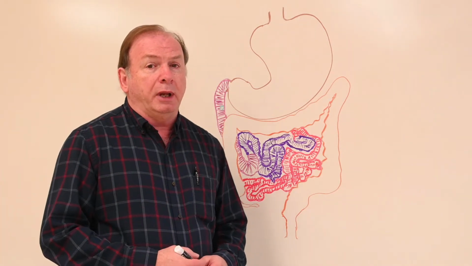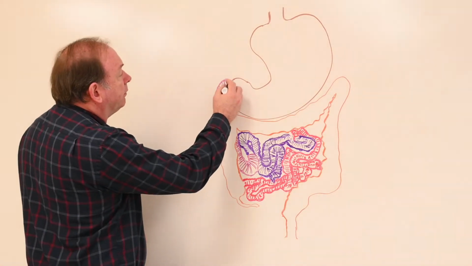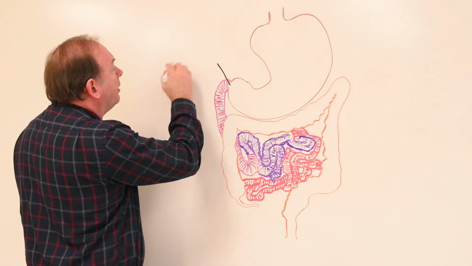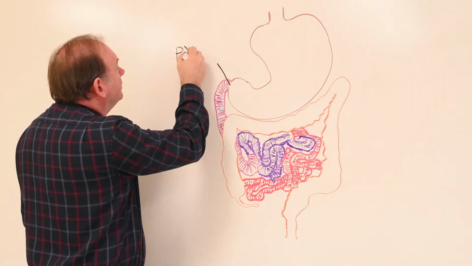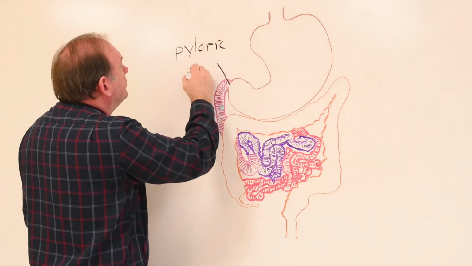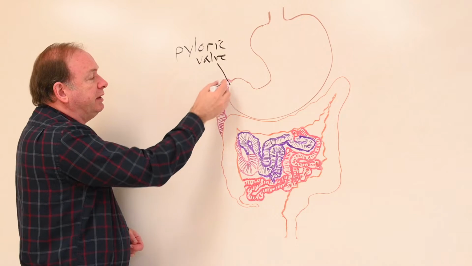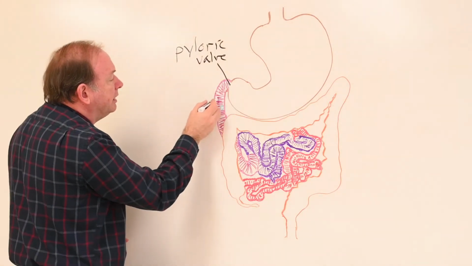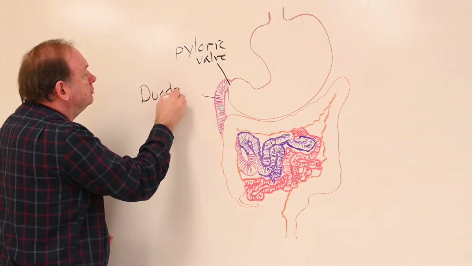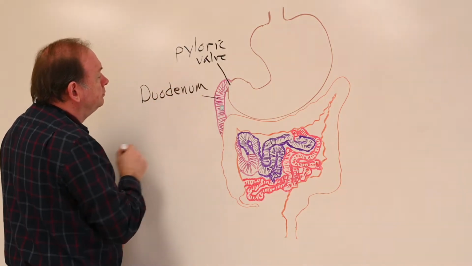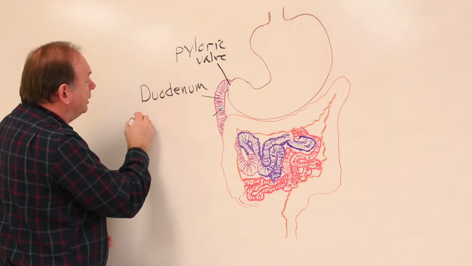We'll go ahead and do some labeling now on our diagrams. We haven't done any of that. First of all, beginning right here, we want to remember that this is our pyloric valve. Between the stomach and the small intestine, the first segment of our small intestine here is the duodenum. Next, our duodenal papilla.